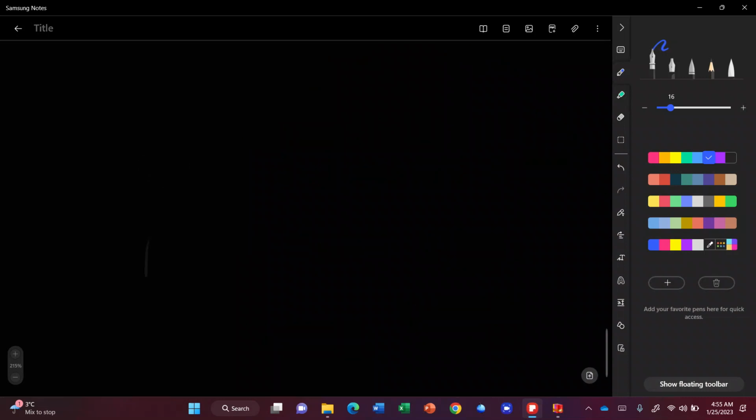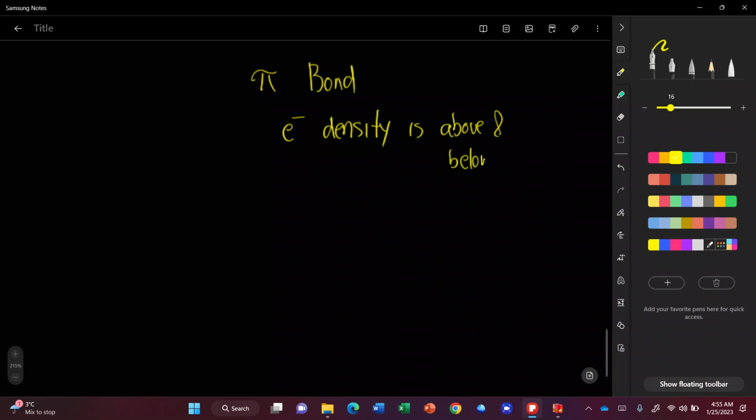The definition of a pi bond, well, one of the definitions of a pi bond, okay, in a pi bond, the electron density is not sandwiched in between the two nuclei. The electron density is above and below the nuclei.